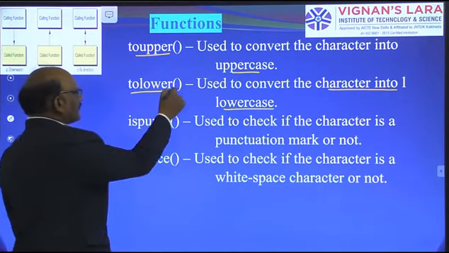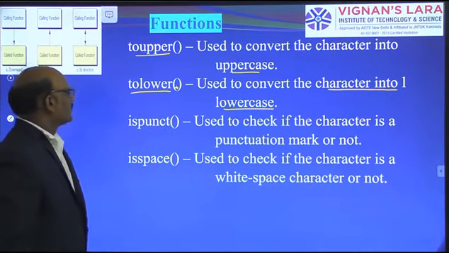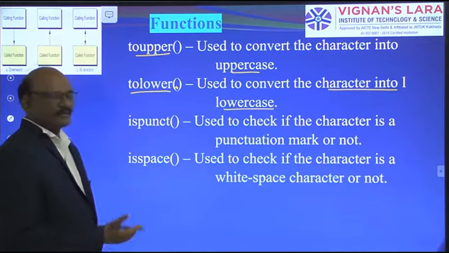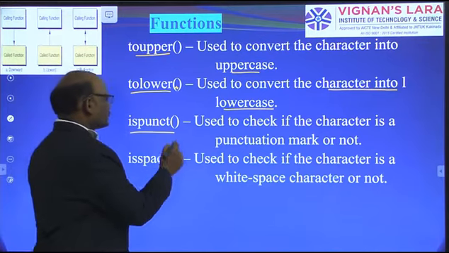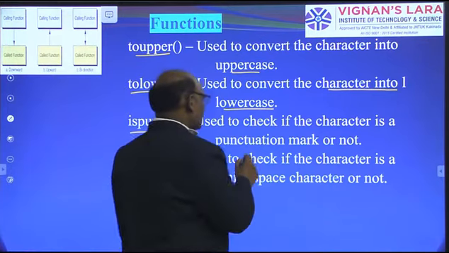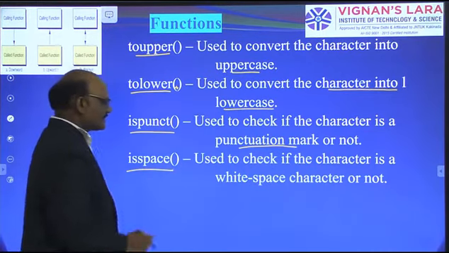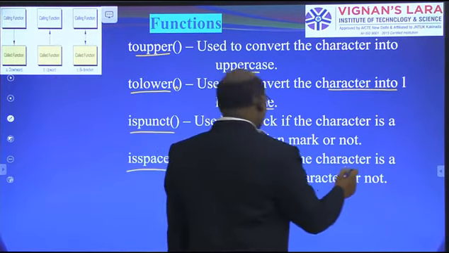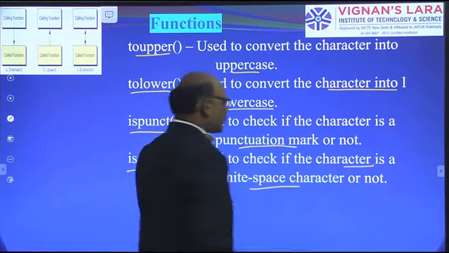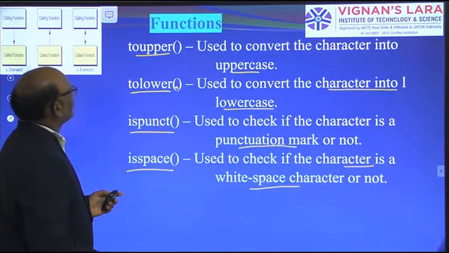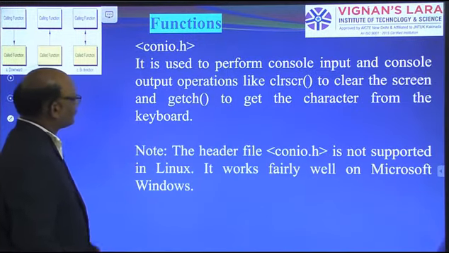If the input character is lowercase, it remains the same. If it is uppercase, it will convert into lowercase. ispunct checks if the character is a punctuation mark or not. Next one is isspace, which checks whether the given character is a white space character or not. So these are the library functions which are available in ctype.h.